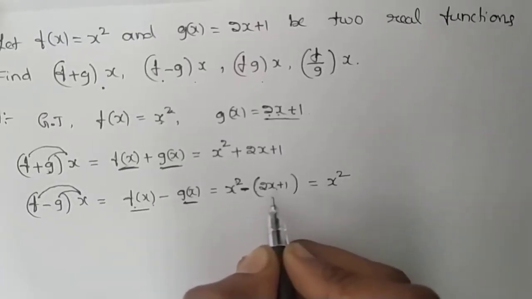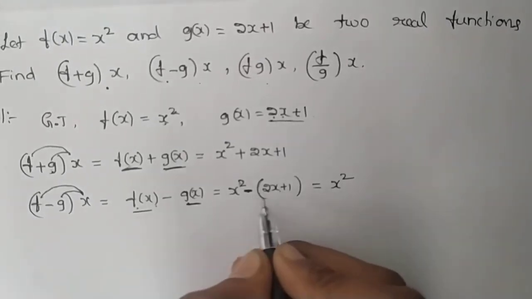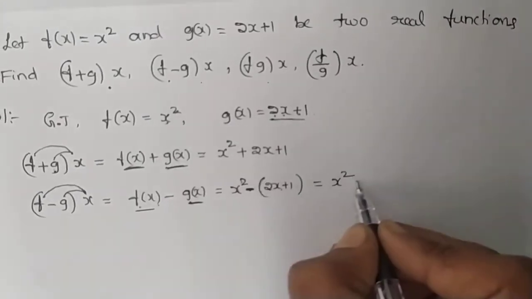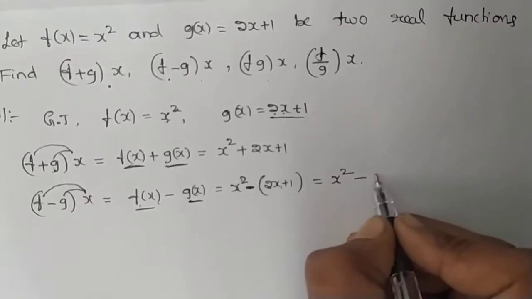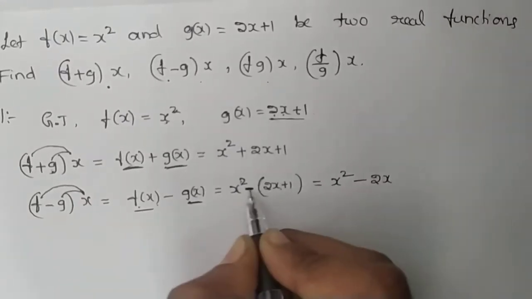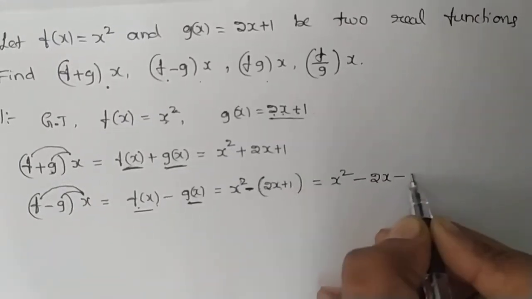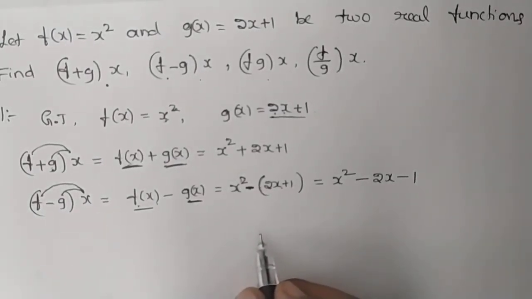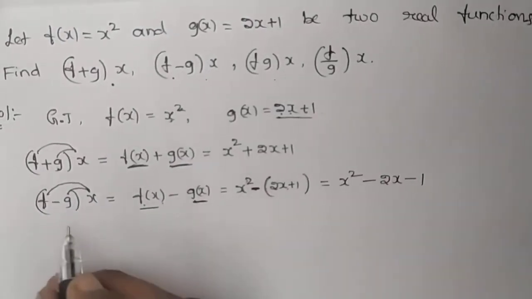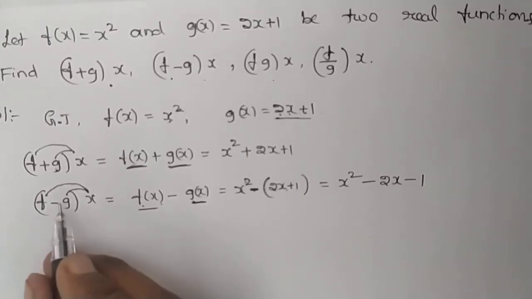Then minus will become plus, plus will become minus. x square minus, here we have plus 2x, that will be minus 2x. Minus into plus is minus 1. Therefore, x square minus 2x minus 1 is the function for f minus g of x.